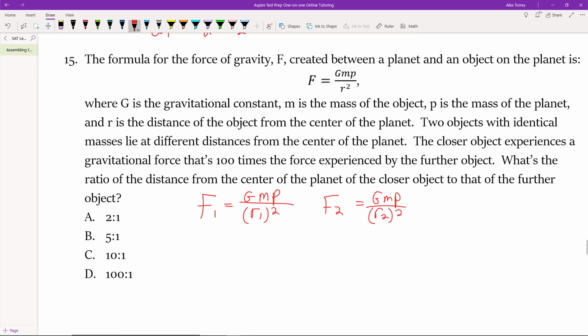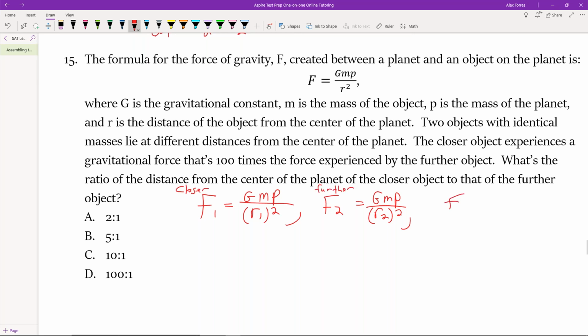So we set up the force for one of them, the force for the other. The unifying statement is that the closer object, which is the one that we refer to as F1, so we'll just go ahead and say this is the closer and this is the further so we don't get confused.